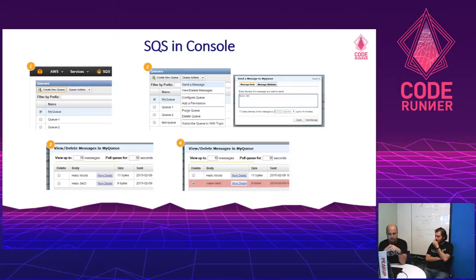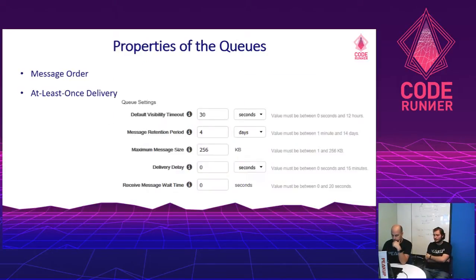In the third one, you can view and delete your messages, and see the size of your message. And the fourth one, you can delete it as you wish in this console.